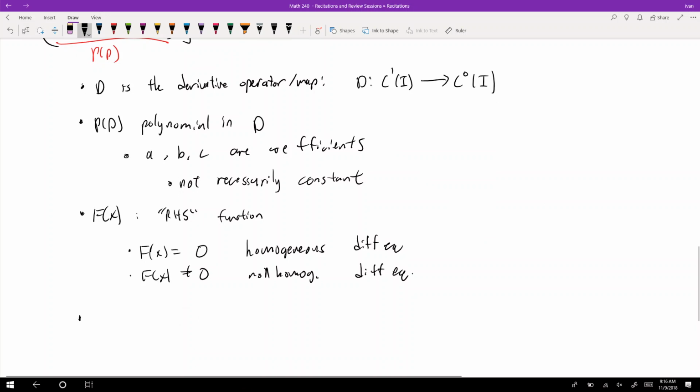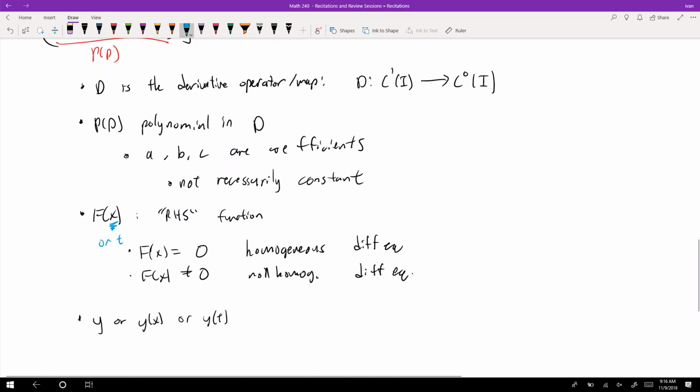You have y, or y of x, or y of t. One thing I didn't mention is that this x could be t.